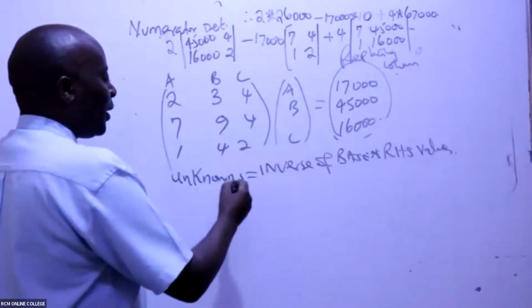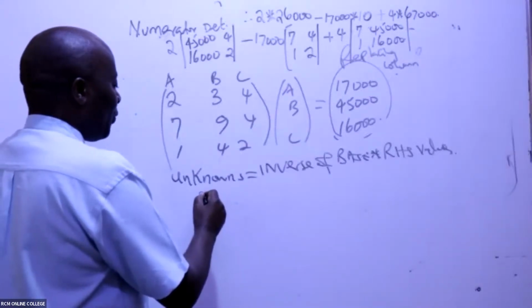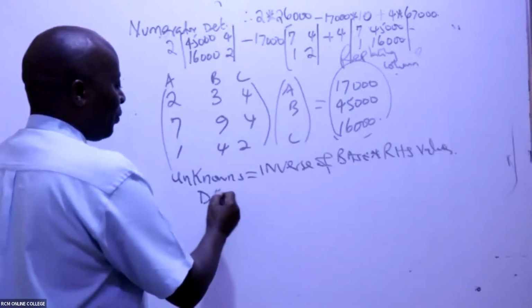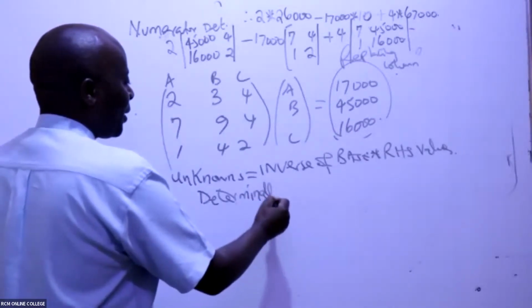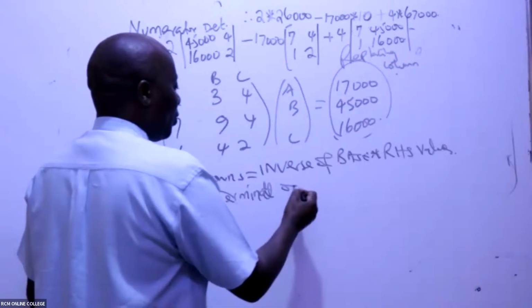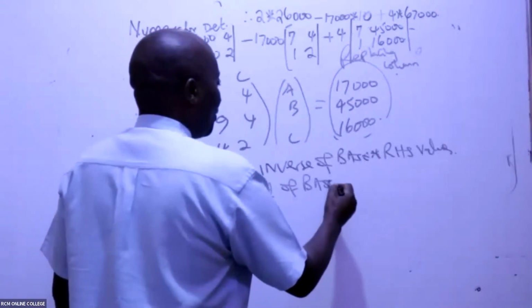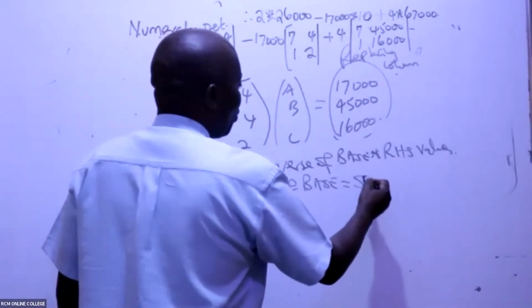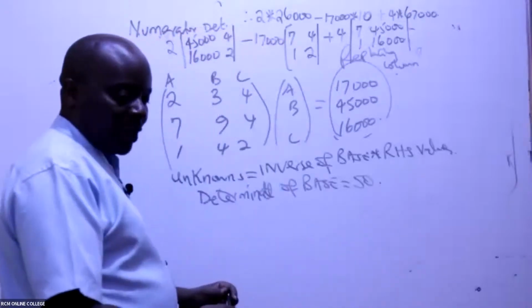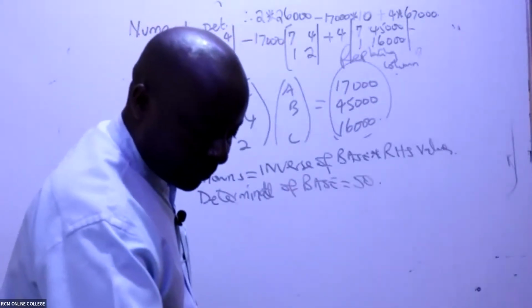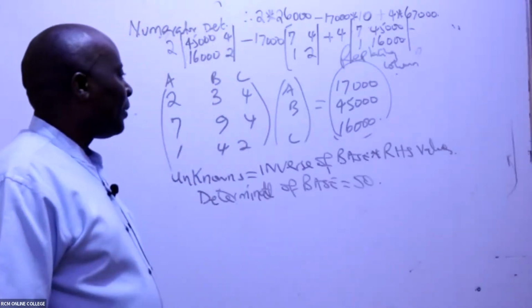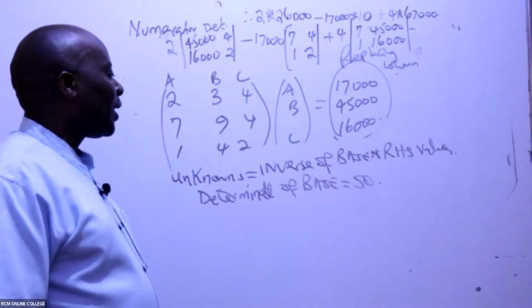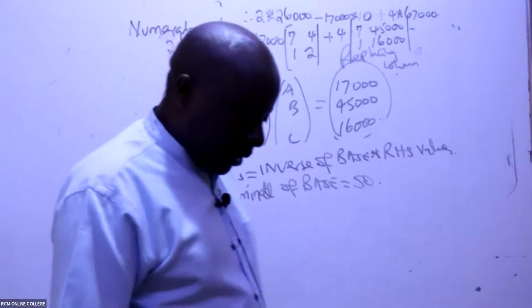To get the inverse of the base, first of all, give us the determinant of the base. I believe all of us are in agreement that the determinant of the base in this case is 50.